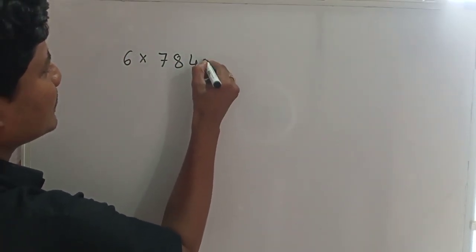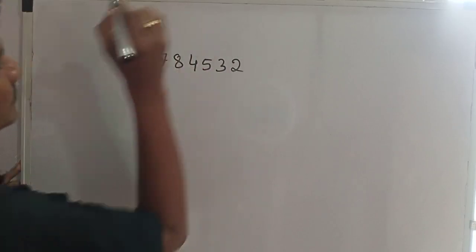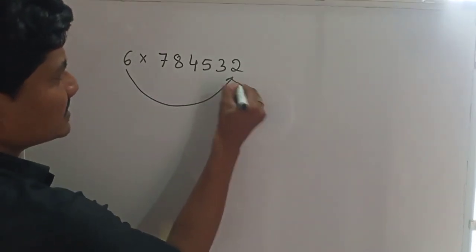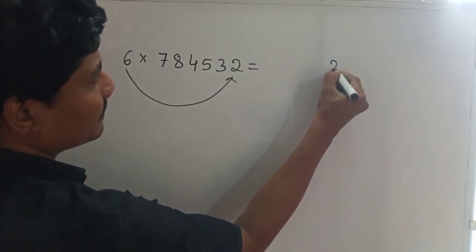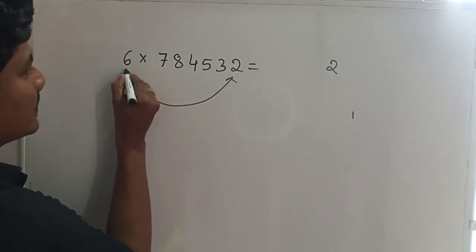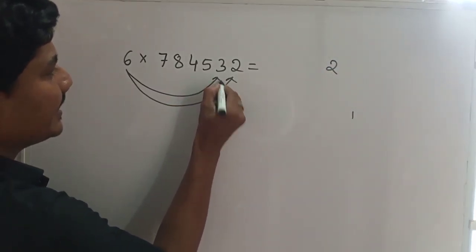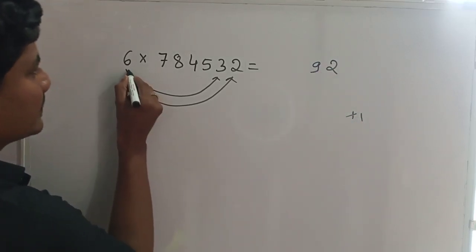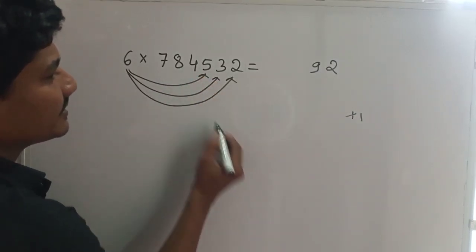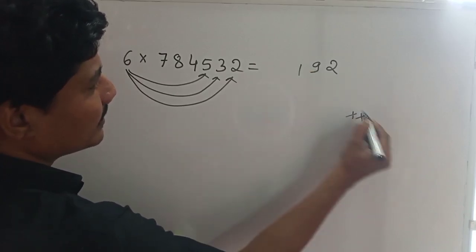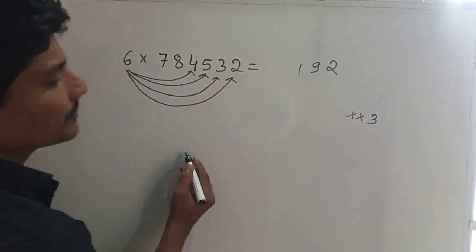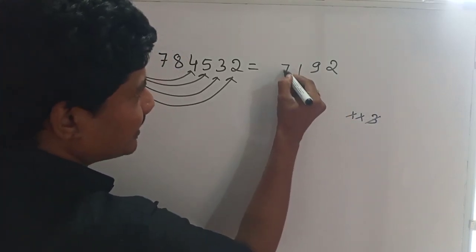6 into 784532. 6 2s are 12. Carry 1. 6 3s are 18. 18 plus 1, 19. Carry 1 again. 6 5s are 30. 30 plus 1, 31. 6 4s are 24. 24 plus 3, 27.